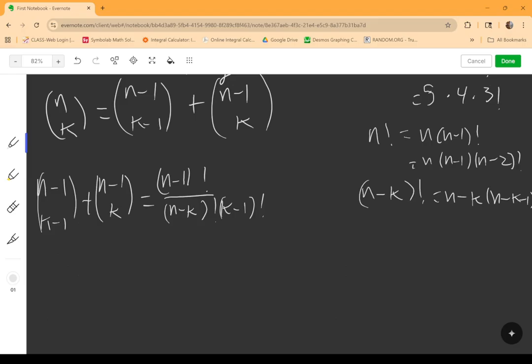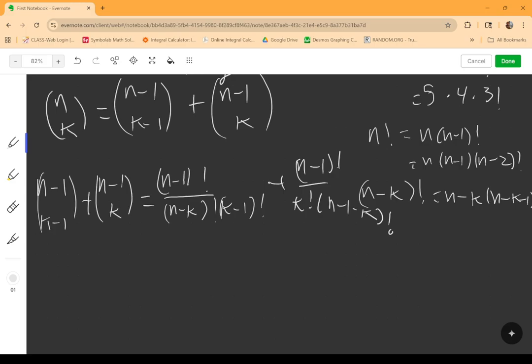When you subtract n minus 1 minus k minus 1, those cancel out, so you're just left with n minus k factorial. On the other end, you have plus n minus 1 factorial over k factorial and n minus 1 minus k factorial.